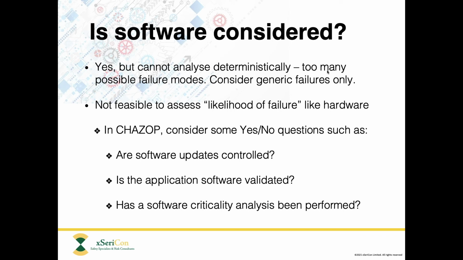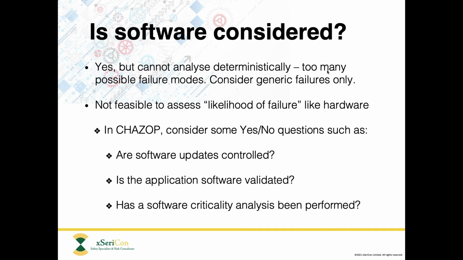And the other issue with trying to assess software failure is, how are we going to calculate or estimate the likelihood or probability or frequency of failure? With hardware failures, we can assess that because it's reasonable to assume constant failure rates using lambda values that we can look up in databases, but not so with software. We haven't reached a level of software technology that allows us to calculate a probability of failure in that way.